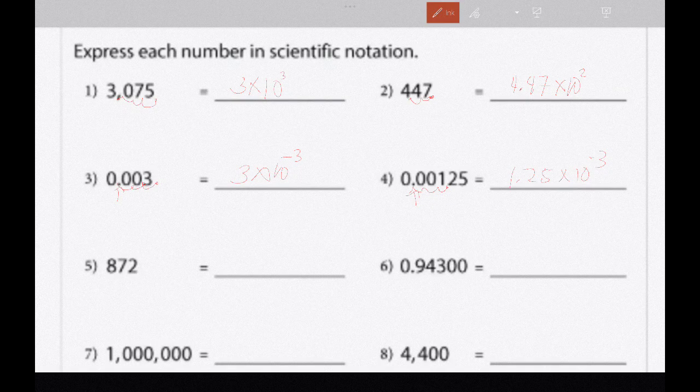Next, on number 5, assume that we have a decimal point here, and then we move to the left. So 1, 2. That will be 8.72 times 10. Then we have a power 1.